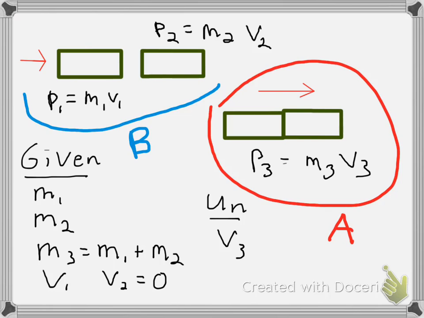And if you think back to Newton's laws, you can probably figure out why. The reason is that once you add mass, in other words, you have this mass here that's moving, and then finally you have a much bigger mass here, M1 plus M2. Newton's first law says that if you increase your mass, you increase your inertia, and it's harder to get the thing moving.